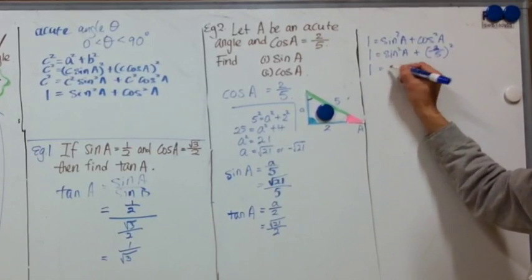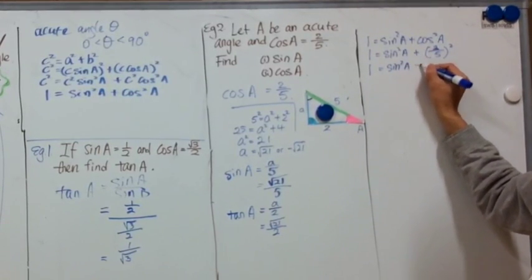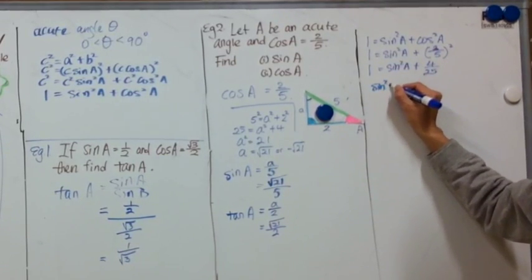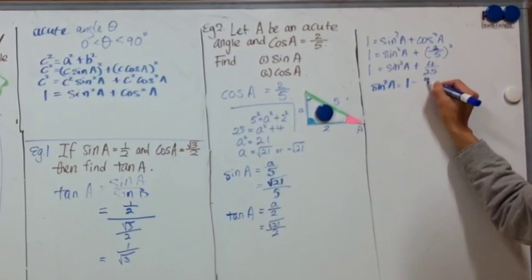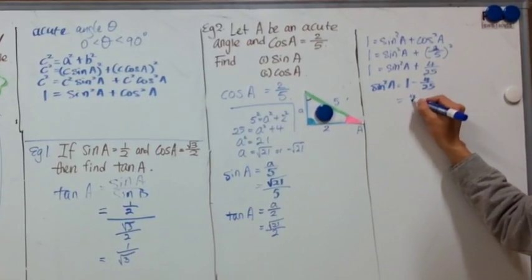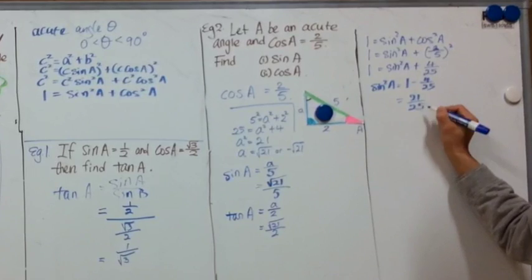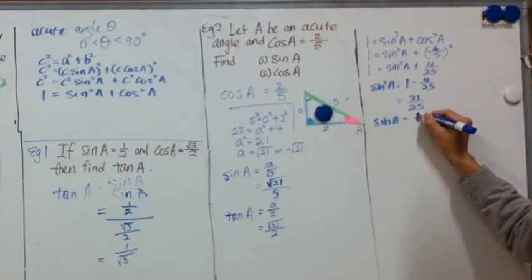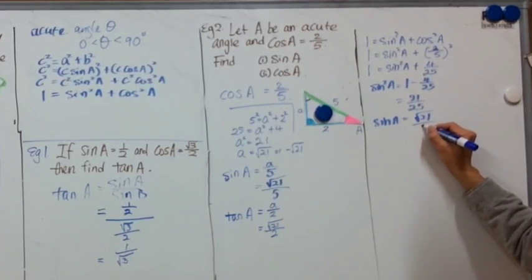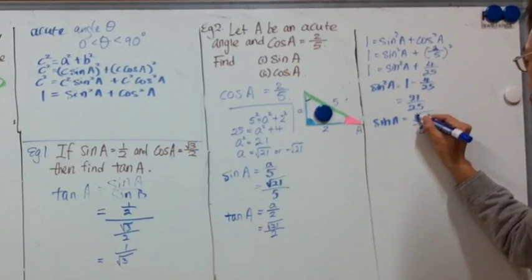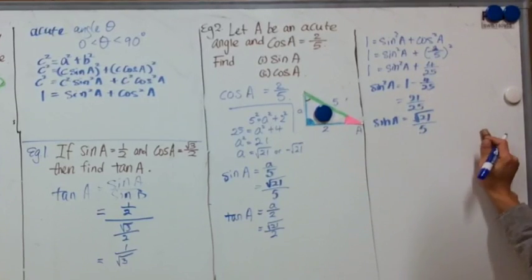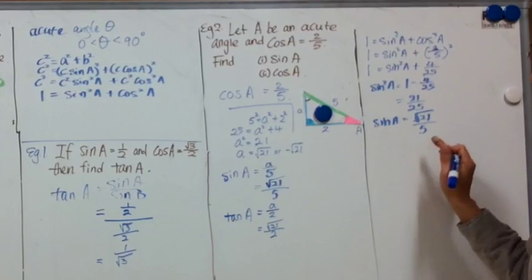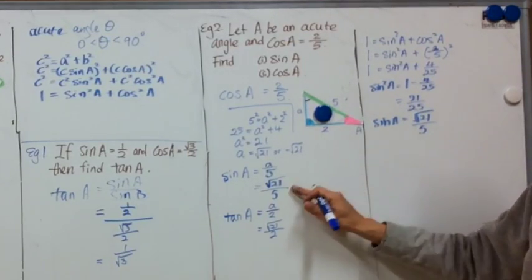So I have 1 equal to sine squared A plus 4 over 25, and sine squared A is equal to 1 minus 4 over 25, or 21 over 25. Taking the square root, sine A becomes square root of 21 over 5, or the negative one. So this is the answer that we have.